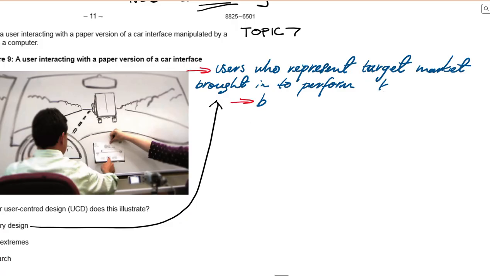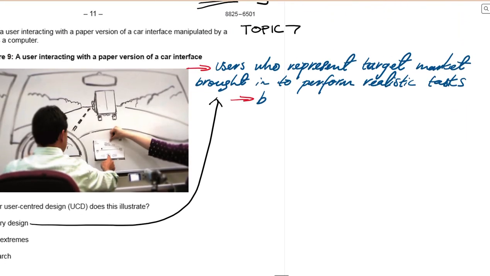So perform realistic tasks. And guys, this helps with paper 2. That's why I'm walking through all the key terms. So definitely stick around. Otherwise, you can just skip through and check the answers, but I don't think that would help you as much. Okay, so perform realistic tasks by interacting, right?